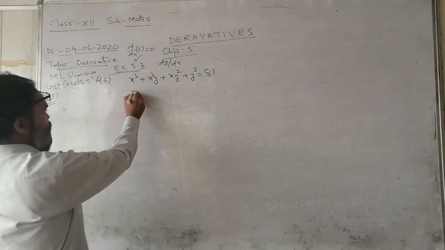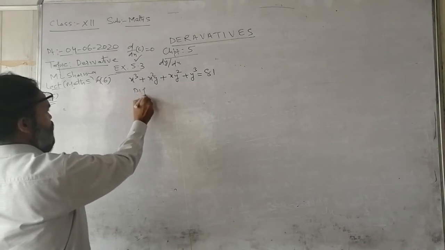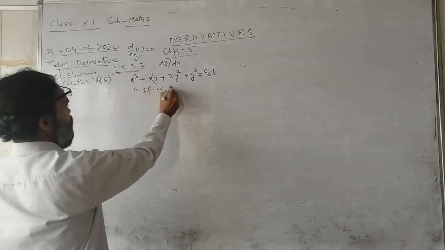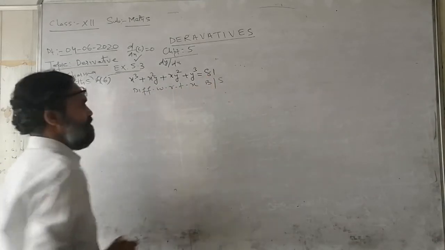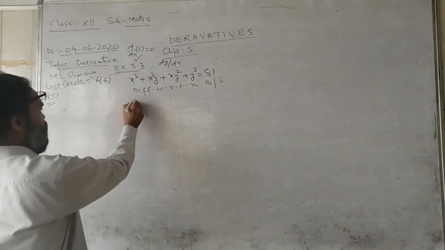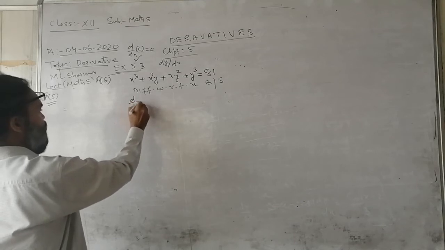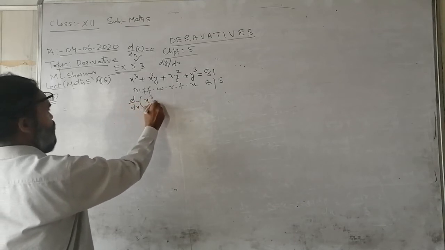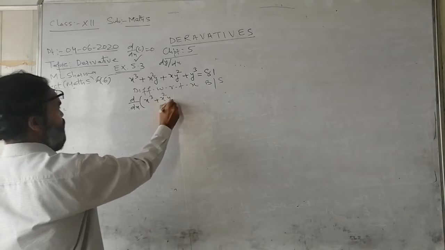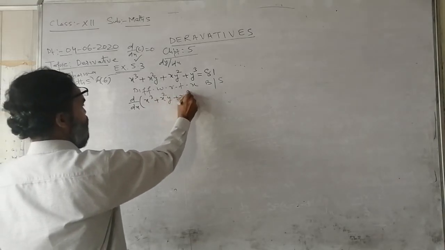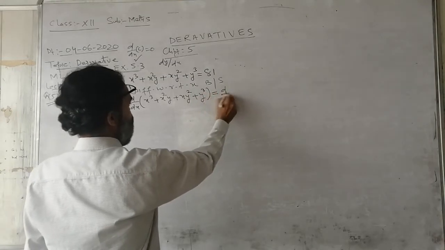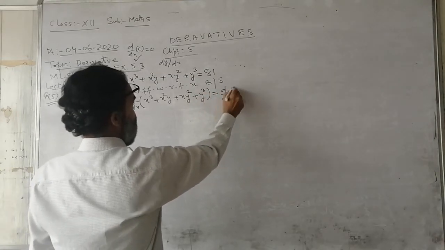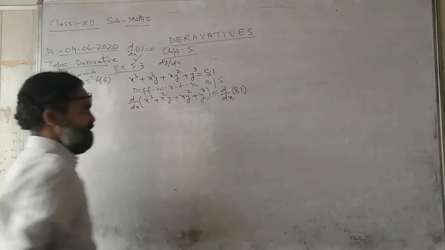Means this function is to be differentiated. So again, differentiate with respect to x both the sides. So this will be d upon dx of x cube plus x square y plus xy square plus y cube. This will equal to d upon dx of 81.